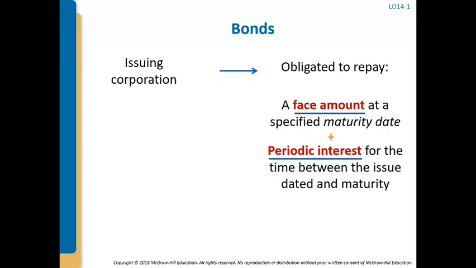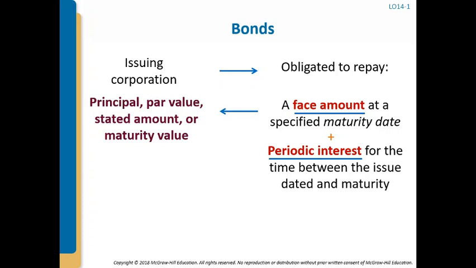Most of these bonds are in denominations of $1,000 each. Some other names for the face amount are principal, par value, stated amount, or maturity value. Other names for periodic interest are stated rate, coupon rate, or nominal rate.